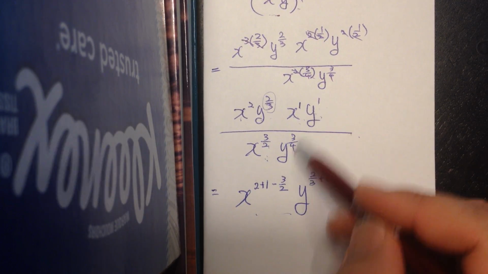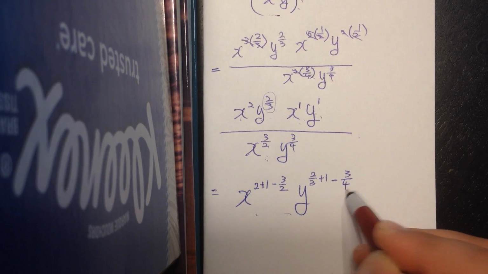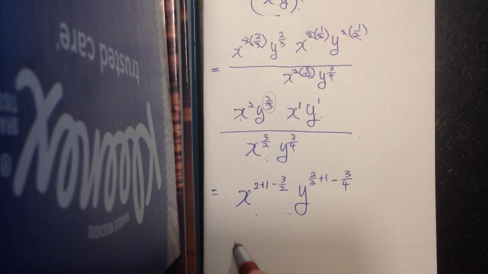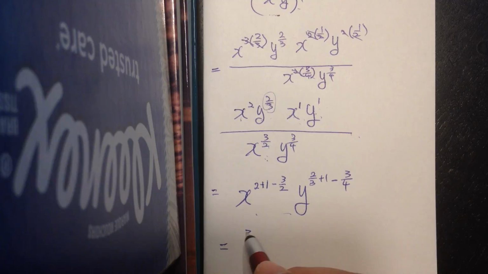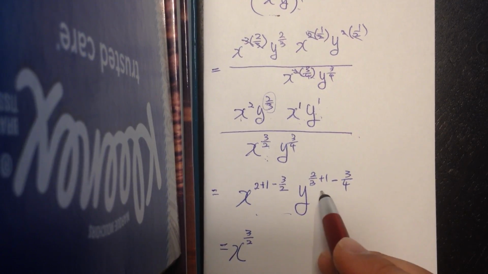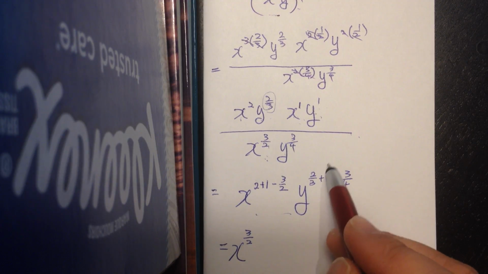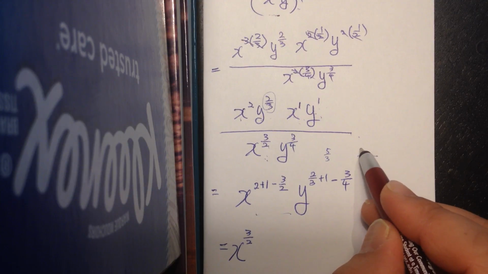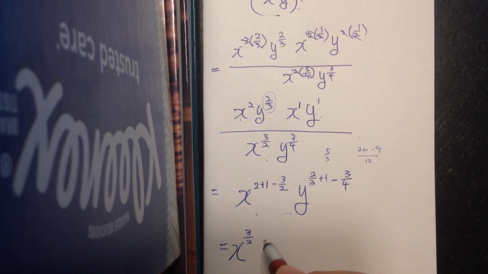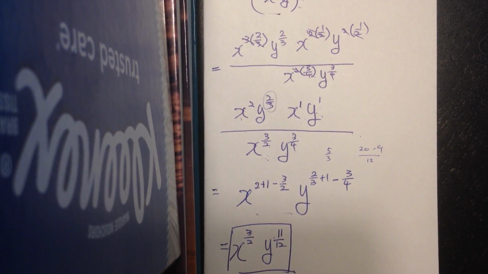When I'm dividing or canceling, you got to subtract. You just got to do this. 3, so 6, 3 over 2. This one will be 5 over 3, 12. That will be 11 over 12. And that's the answer. Okay.